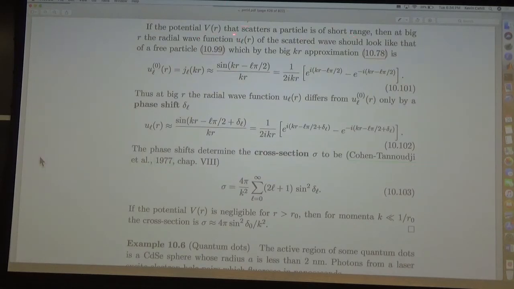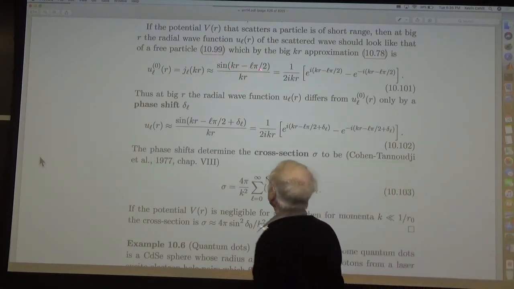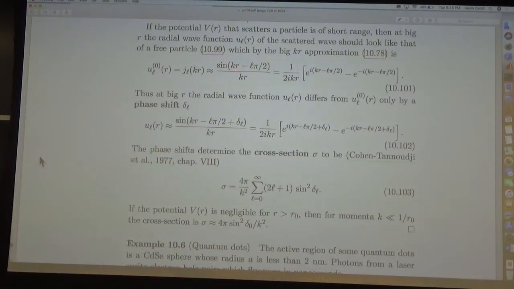Anyway, if a potential is of short range, then at big R, the scattered wave function will look like this. What we're doing here is using Rayleigh's approximation, the approximation for the spherical Bessel function for large R, which is of the form sine of kr minus L pi over 2, over kr.